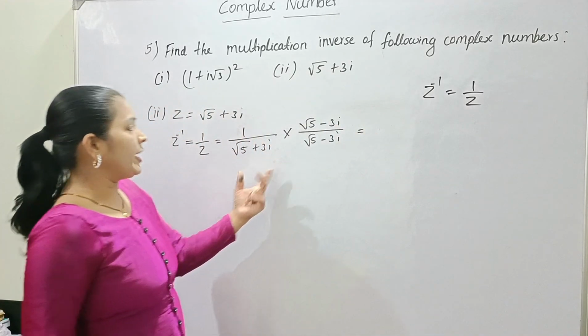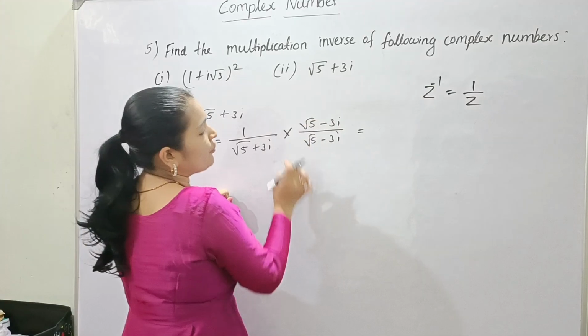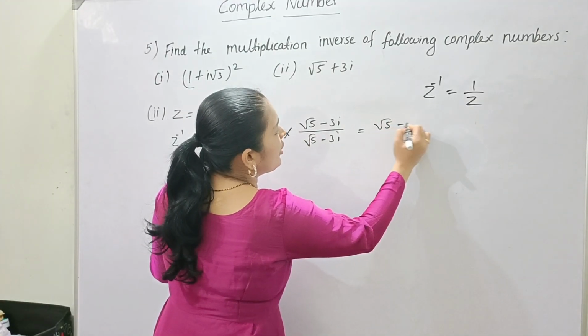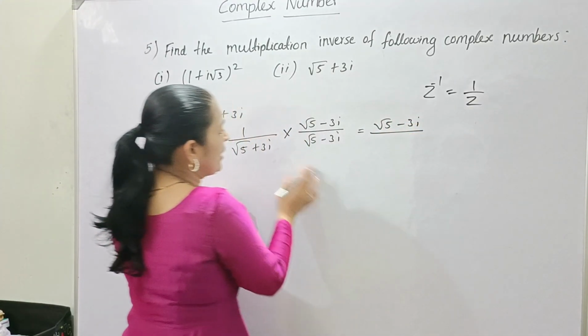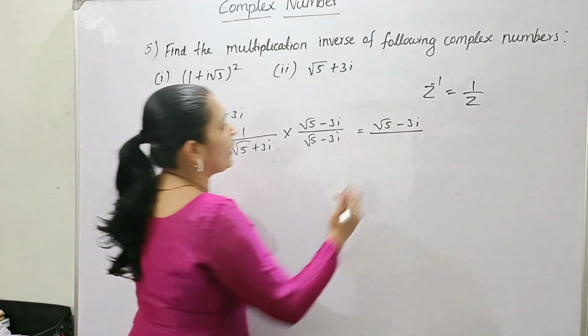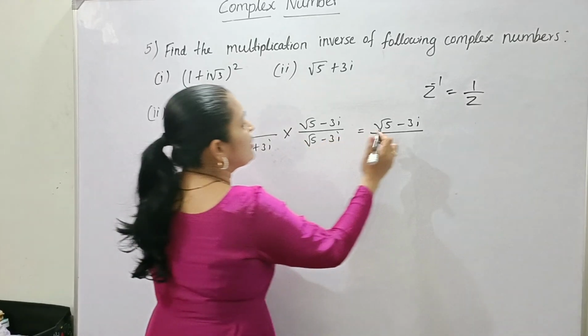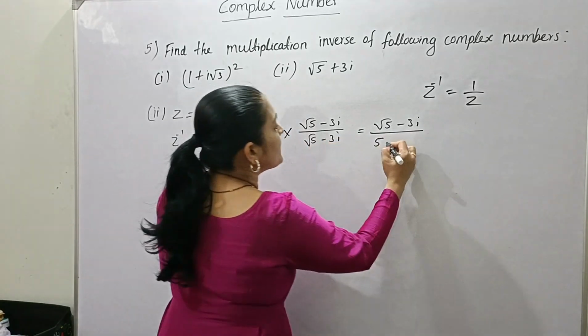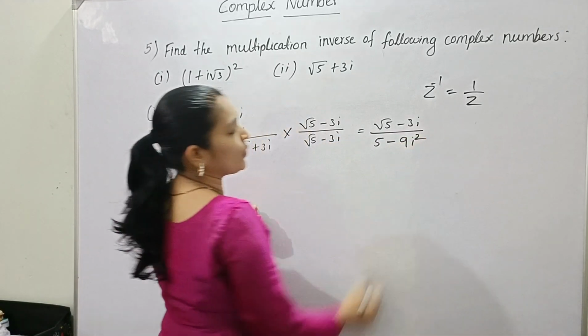Now simplify. 1 into root 5 minus 3i, that is root 5 minus 3i itself, divided by, now the denominator is in the form (a plus b) into (a minus b), that is a square minus b square. Root 5 into root 5 is 5, minus 9i square.